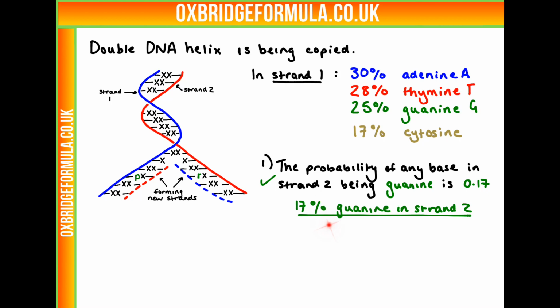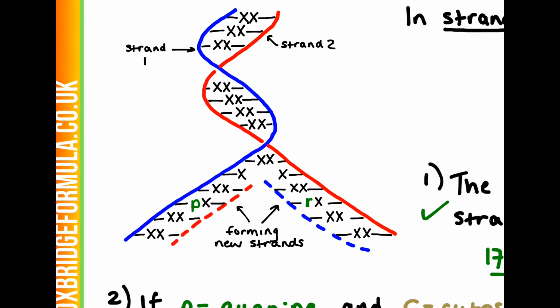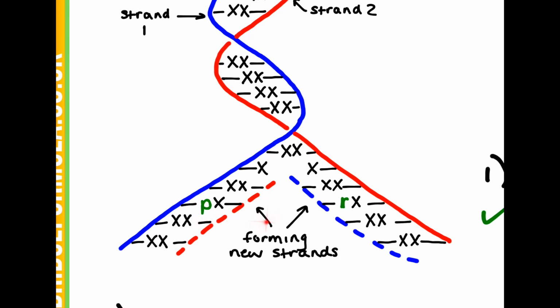So our second statement: if P equals guanine and R equals cytosine, then between P and R there's been a mutation. So we zoom in on that. What we're going to be looking for between P and R is a change in base to see if there's been a mutation, because this new strand needs to match up to this old strand.